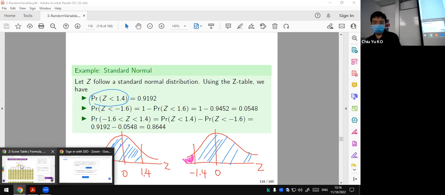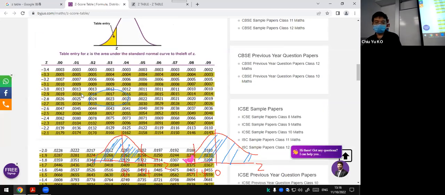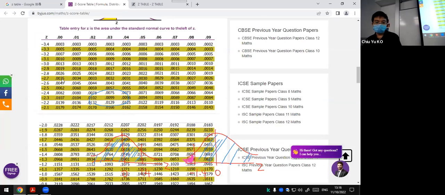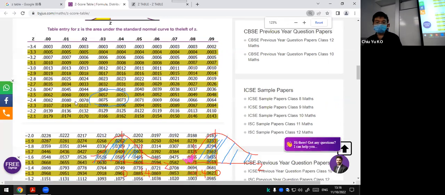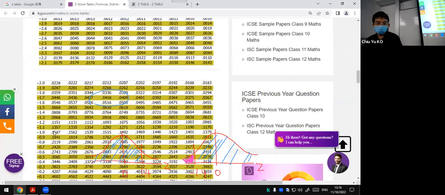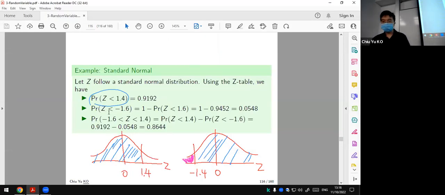Let's look at the table. Negative 1.4, so we look at the first column. Look at 1.4, it's 0.808. Can you see that? It's this guy. So go back to here.